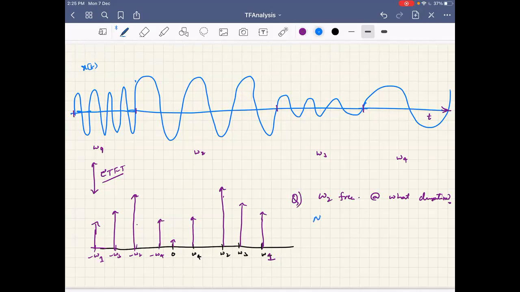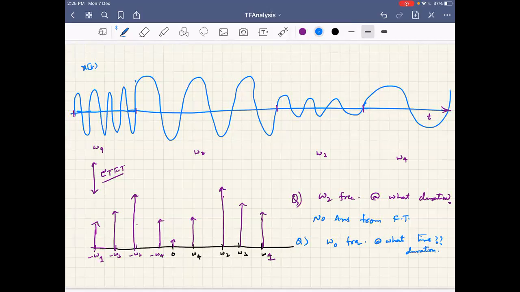The same is the question for any frequency, omega naught. How much is the magnitude of omega naught frequency in the overall signal will be given by the Fourier transform, but it will not give at what time duration. This question is not answered by the Fourier transform.